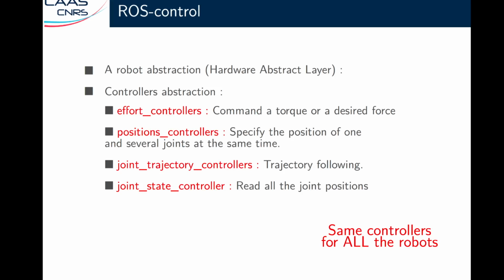So you have effort controllers, position controllers, and the most famous one, joint trajectory controllers, which are used to do trajectory following and which can be the product, for example, of MoveIt or another motion planner. Then we have what is called a controller, but which is in fact an observer, and we have the standard joint state controller giving you all the joint positions.